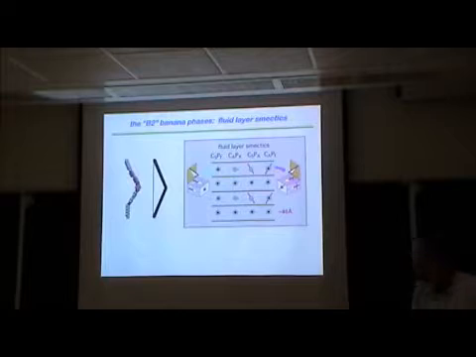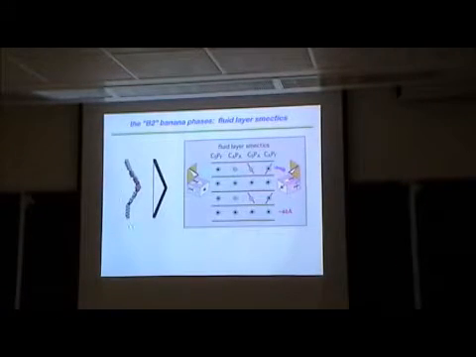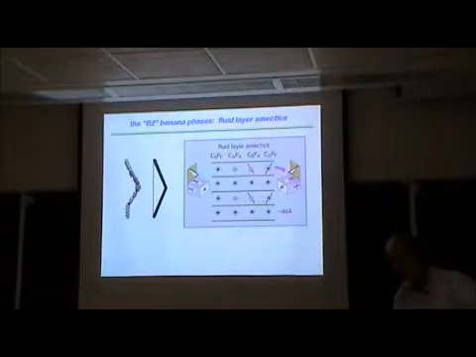Because of this bent shape and long molecule, these molecules are pretty strongly layered, and they sterically fit into one another, and so they spontaneously polar order. So each layer is a ferroelectric fluid.